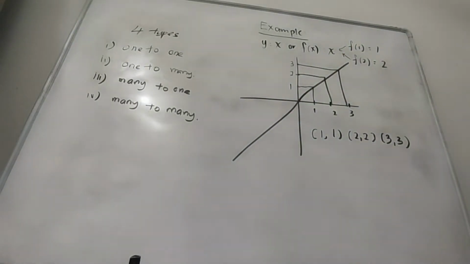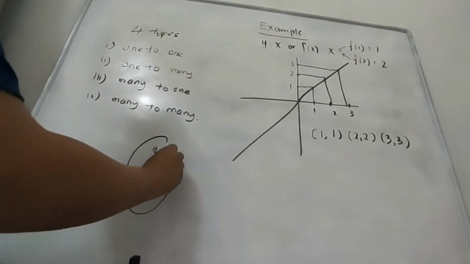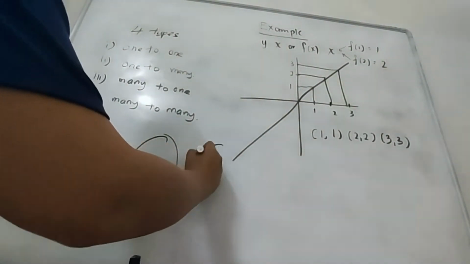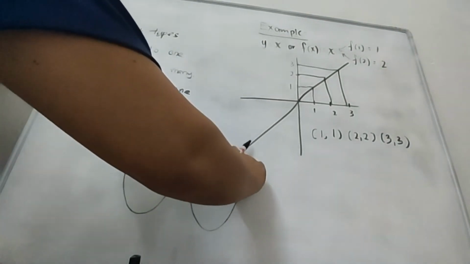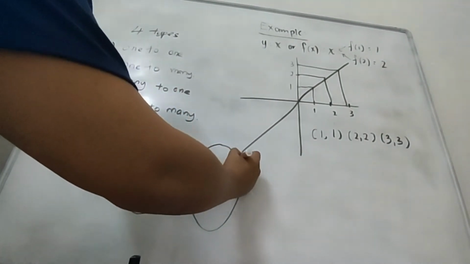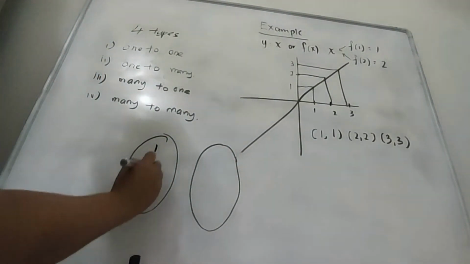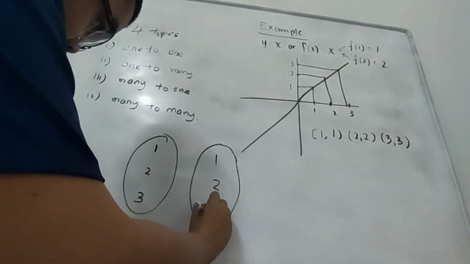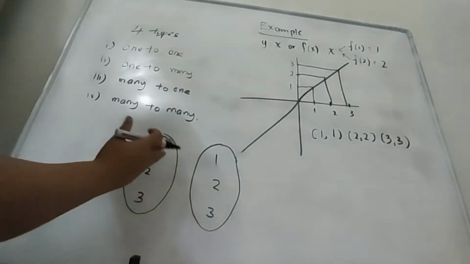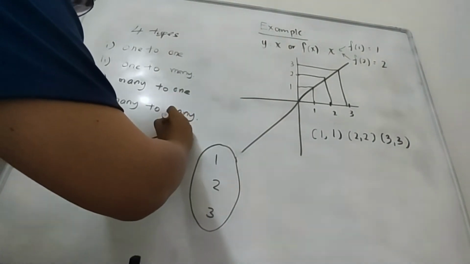So if you draw the mapping diagram, it should be like this. This is a mapping diagram. The left hand side is the domain, also known as x.